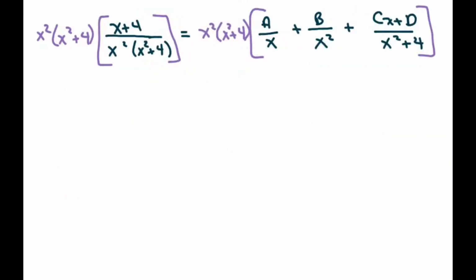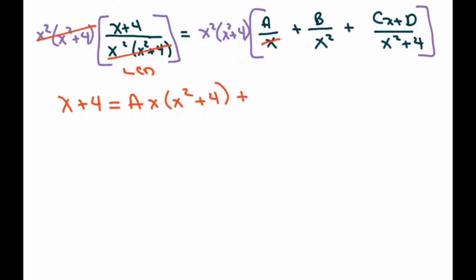When we get started, we're going to clear the fractions by multiplying by our least common denominator. So this will cancel here. If you multiply both sides, you're going to get x plus 4 equals, I'm going to write my A. The x is going to cancel, but we still have x times x squared plus 4. And then for the B, the x squares will cancel, and we're left with x squared plus 4.